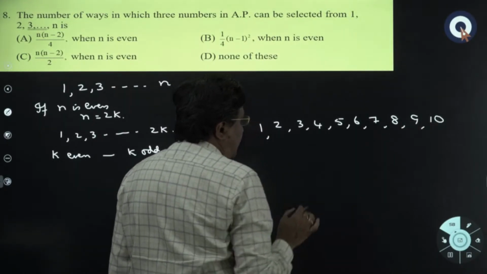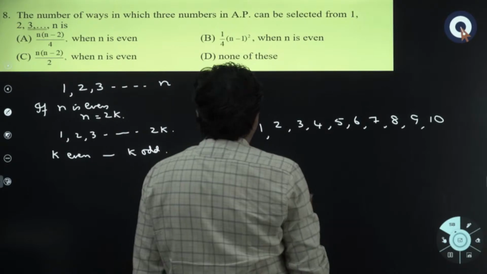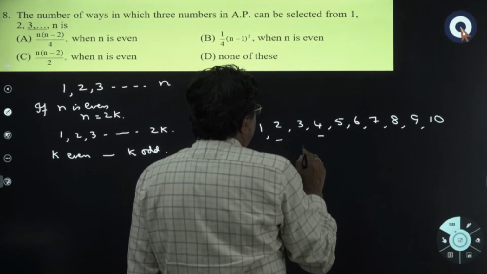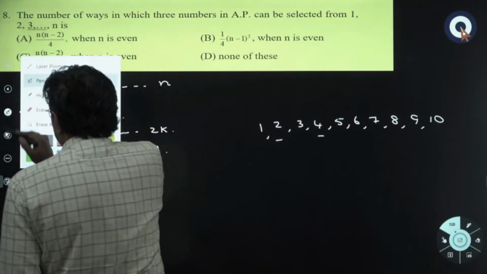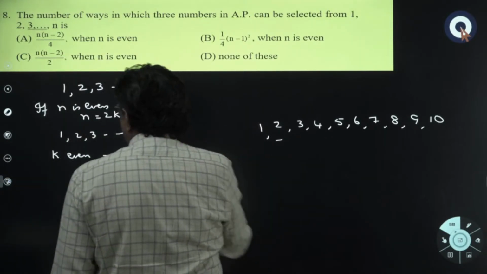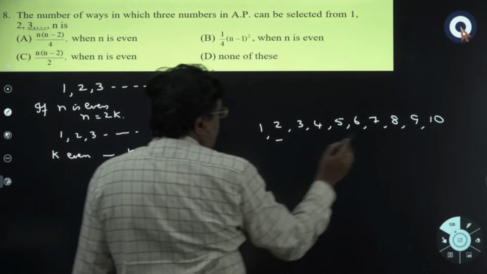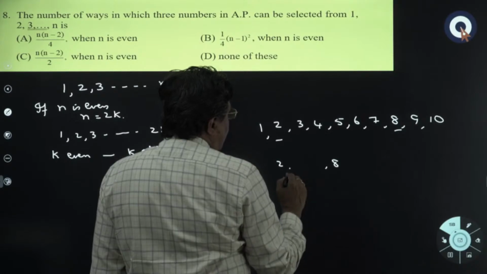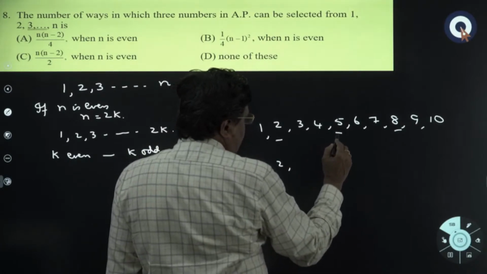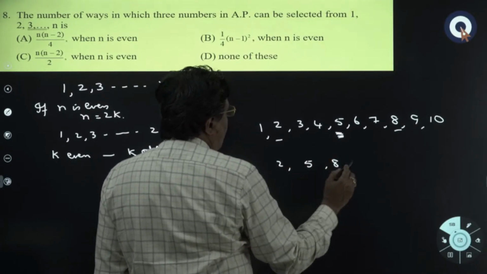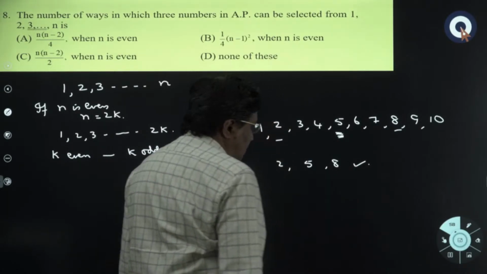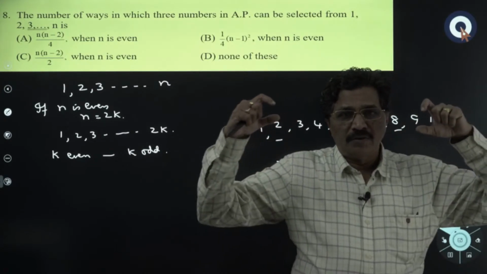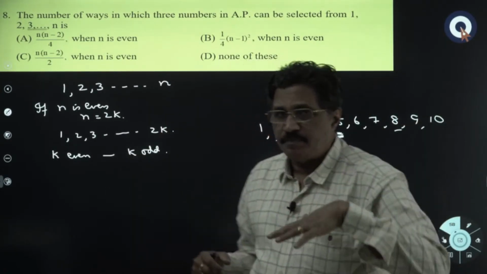Suppose you select any 2 even numbers, let us say 2 is selected, and you take 8. For the selection of 2 and 8, there is a unique number 5, such that 2, 5, 8 forms an AP.